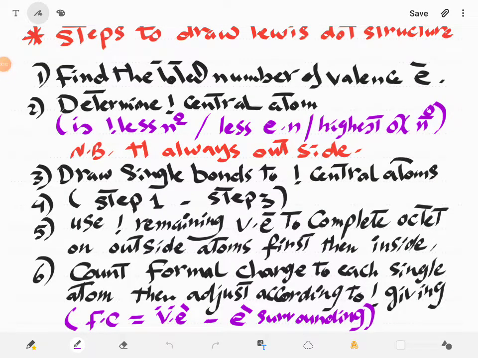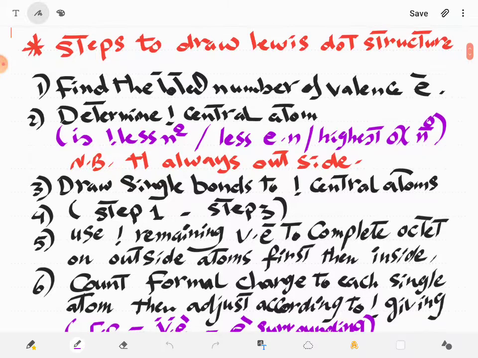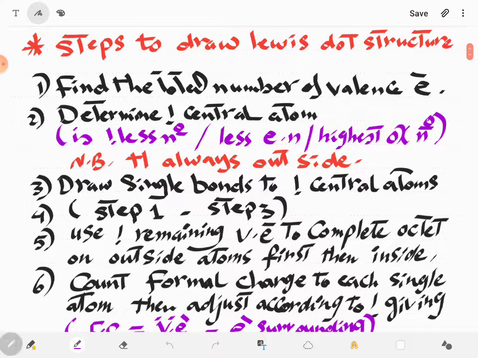Today we'll talk about Lewis dot structure or the octet rule. And this is one of the theories trying to explain the covalent bond. So let's start.